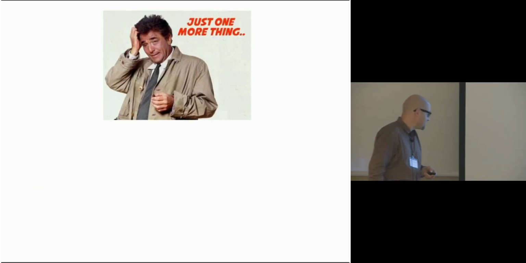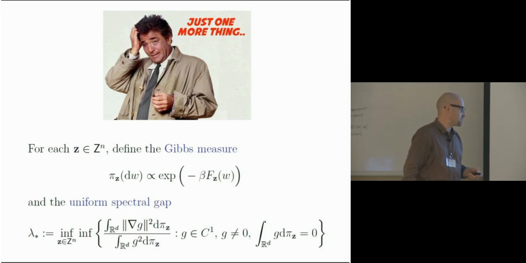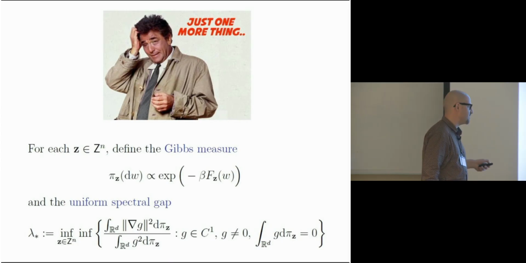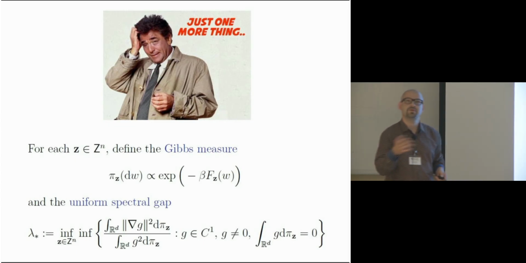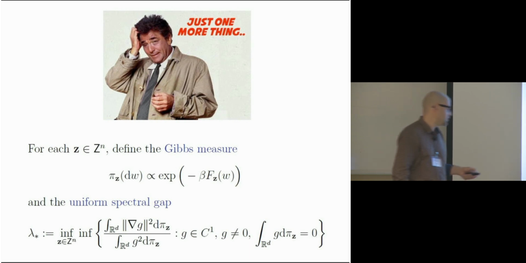So the important thing is this mixing time, or its inverse, which is a spectral gap. So we define a Gibbs measure. This is the same thing that Yu Chen called mu f. So this is a probability distribution over the hypotheses. Here we're looking at empirical risk, but of course, the results in the paper can also be applied to the population risk.